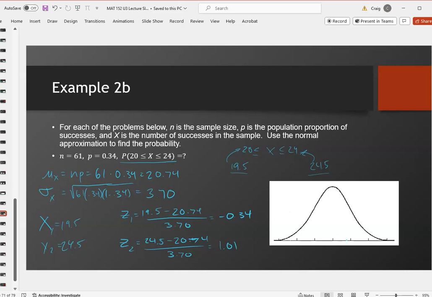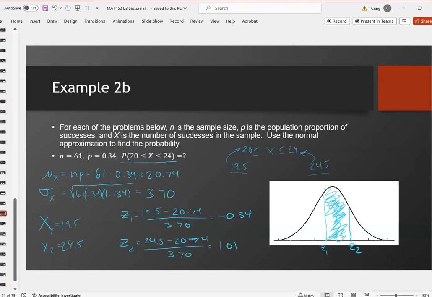So our two Z values are 1.01, which is basically 1, and about -1/3. We want the probability that's somewhere in between here. It's always a good idea to draw it on the graph because you'll get a good idea of whether it's going to be about 50% or whether it should be about 5%.